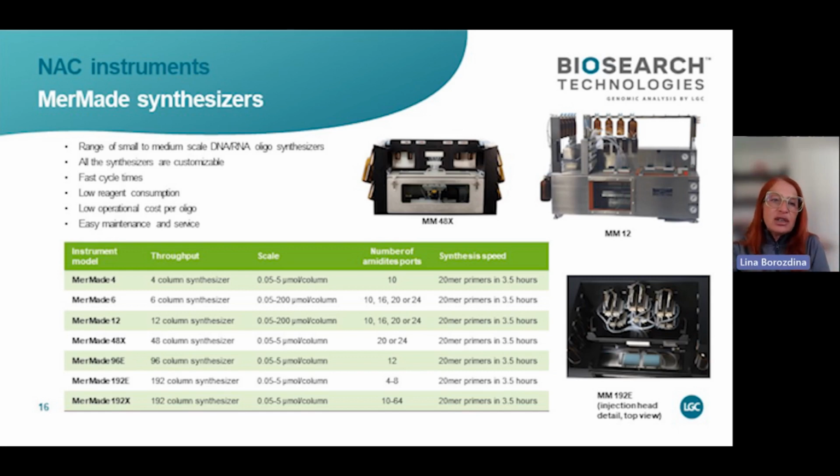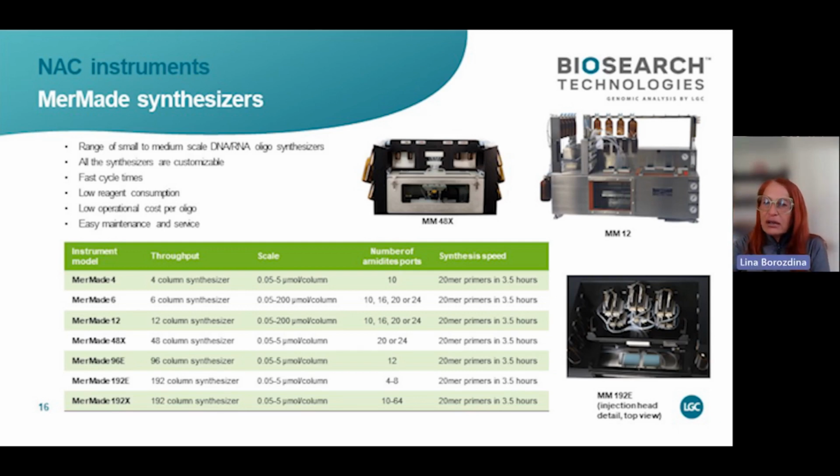Our Mermaid 192X is one of the first instruments that was ever developed. It can go anywhere from 10 to 64 amidite positions. And that particular instrument is really good for ASO screening, because you can load all kinds of different RNA modifiers on your instrument and mix and match them in the same sequence.